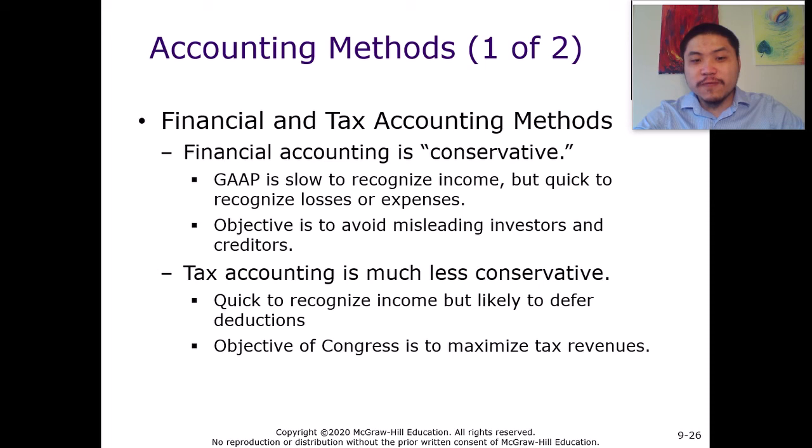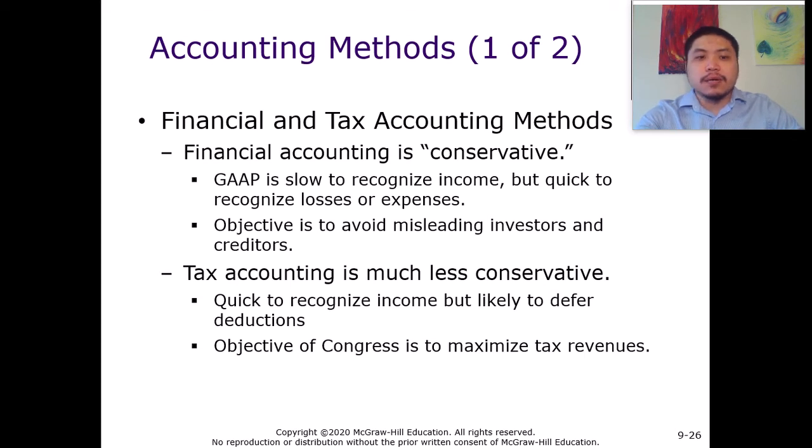So the objective for tax accounting is opposite of the objective for financial accounting, right? For tax accounting, the government, Congress, they want to accelerate the recognition of income and defer the recognition of deductions, meaning defer the recognition of losses or expenses.